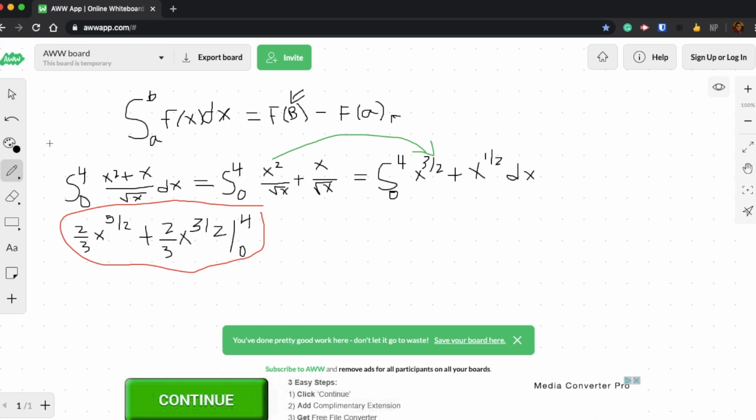And now this is where the FTC part 2 kicks in, the fundamental theorem of calculus part 2. Essentially what you do is you plug in 4 into all these x values and then 0 into these x values and you subtract them from each other.